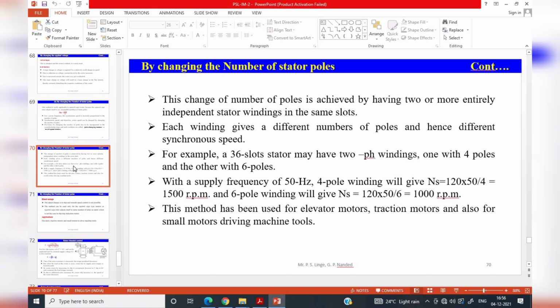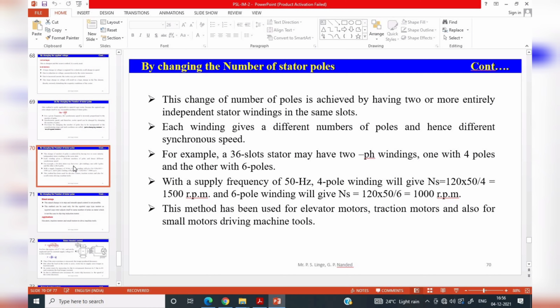This change of number of poles is achieved by having two or more entirely independent stator windings in the same slots. Each winding gives a different number of poles and hence a different synchronous speed. For example, a 36 slot stator may have two phase windings, one with 4 poles and the other with 6 poles.